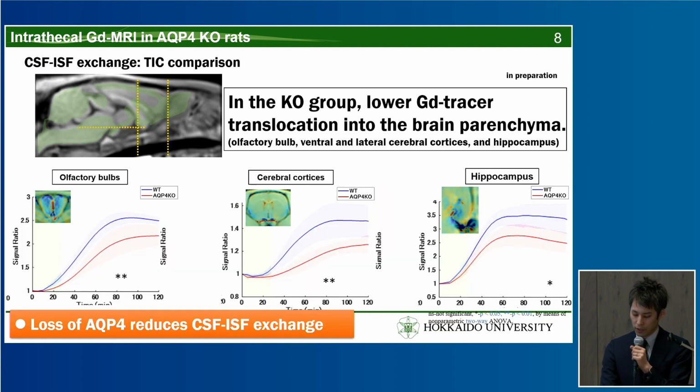In the time intensity curve plots, the blue and red lines represent the wild type and knockout model, respectively. In some ROIs, such as the olfactory bulb, cortex, and hippocampus, the knockout group showed significantly lower translocation of the intracisternal tracer into the brain parenchyma. This result suggests that the loss of AQP4 reduces CSF-ISF exchange.